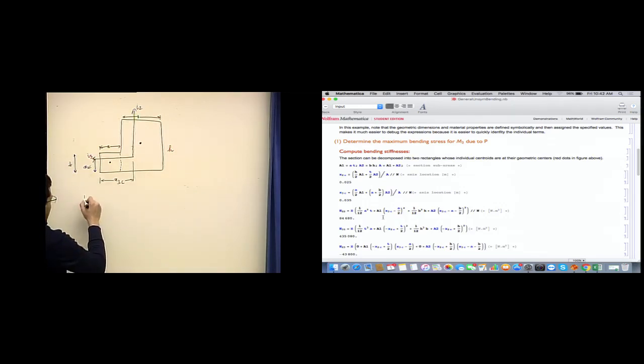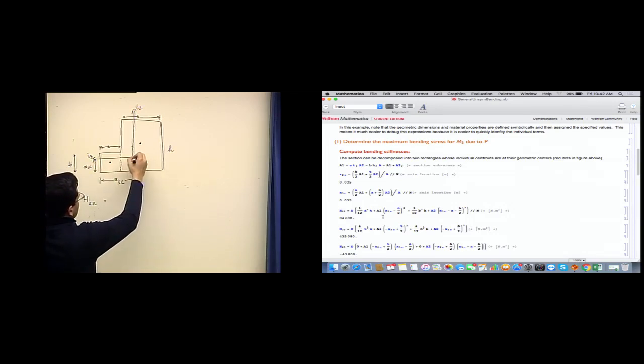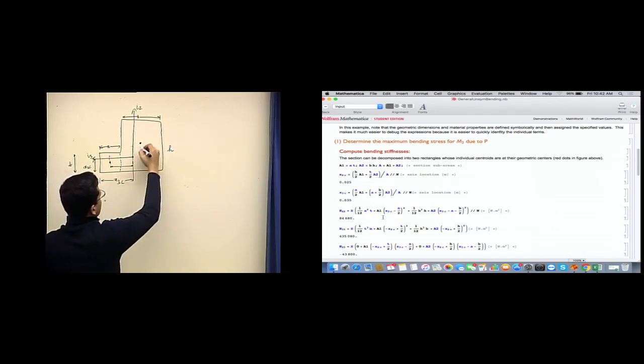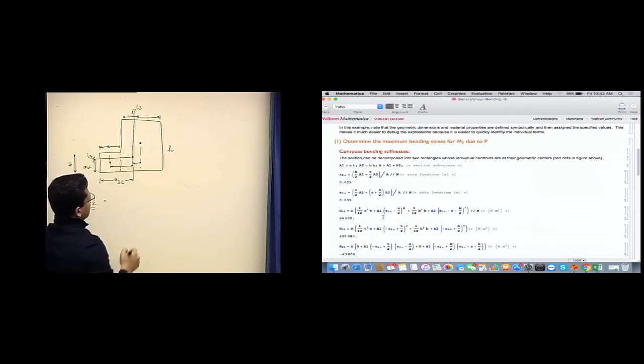So when we calculate H22, as we mentioned, we take the distances which are parallel to I3. So for the first section, the distance from this coordinate frame will be this distance. So this is the distance for parallel axis theorem application for calculation of H22 for this first subsection, and this is the distance which is going to be for the second subsection.